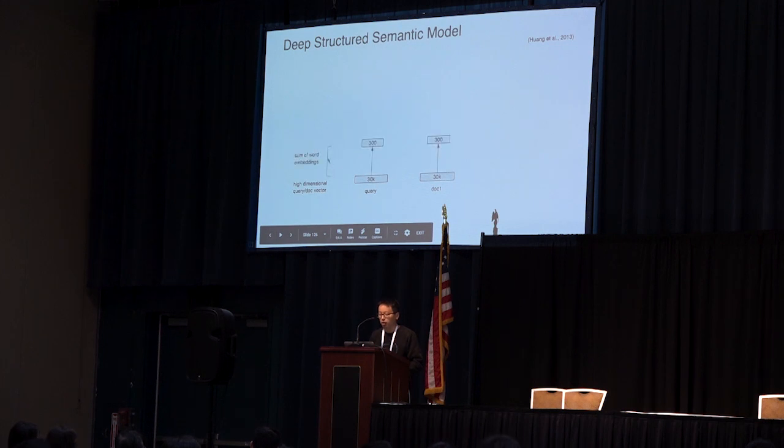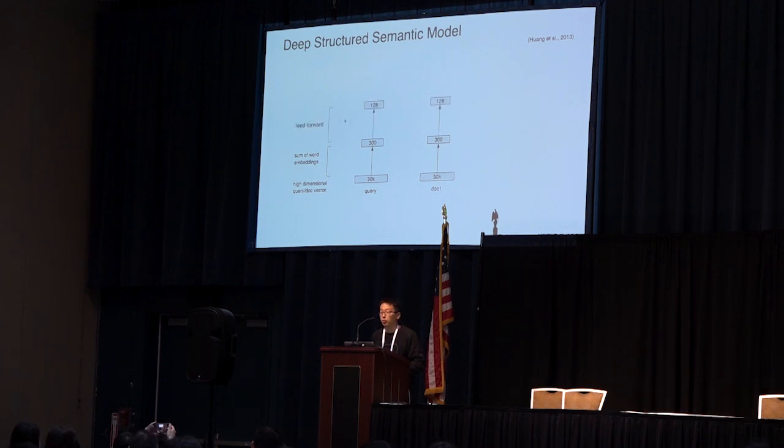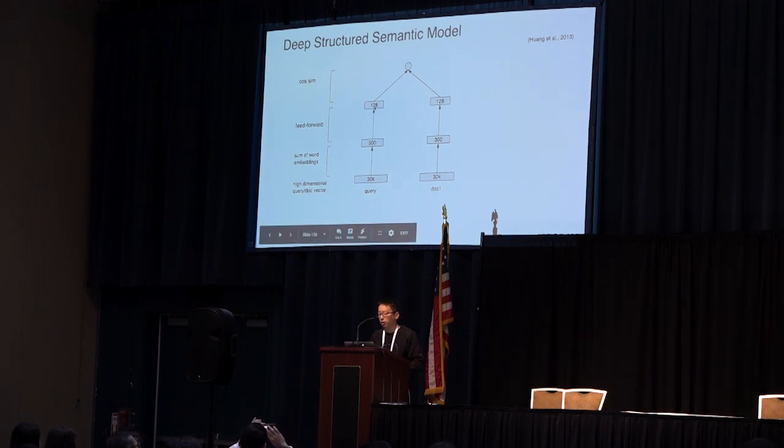Then you can get the sum of the word embeddings of all the non-zero values in the query and the document, and then apply the feed-forward network. Finally, you can compute a cosine similarity score for the query and document. The 128 embedding is the representation of the query or the document.